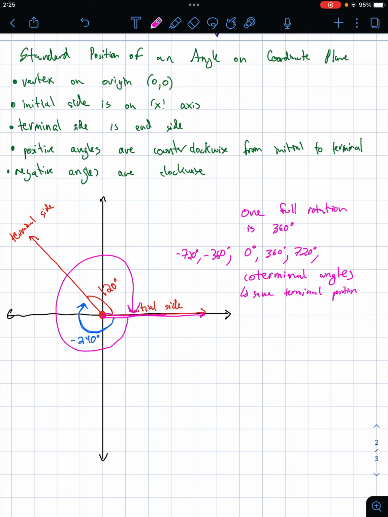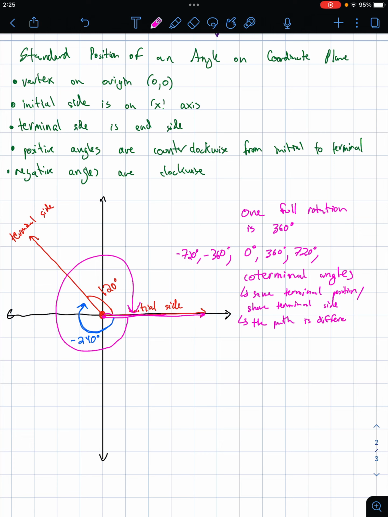But be careful to say that they're the exact same angle. A coterminal angle is an angle in standard position that shares a terminal side. They are in the same terminal position, but the path to get there is different.